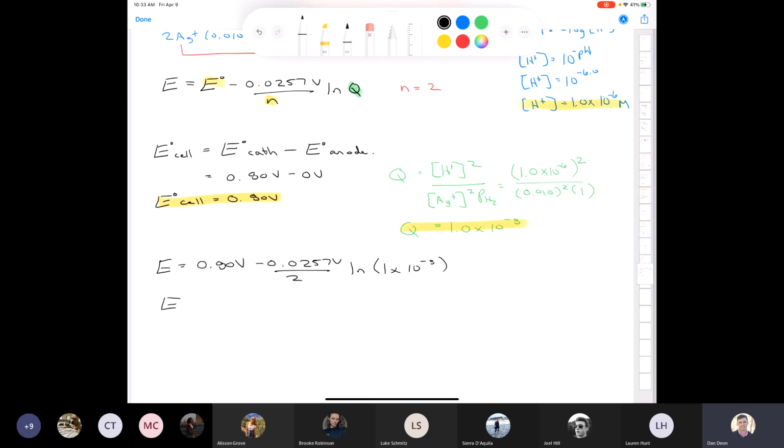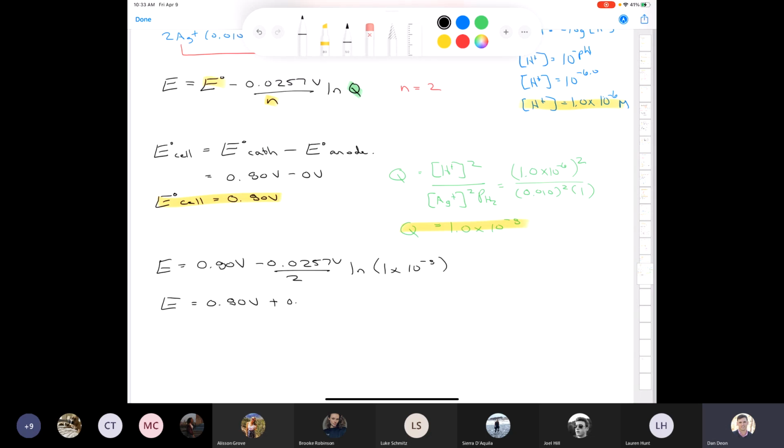When we do that, we get E is equal to 0.80 volts plus 0.236 volts. I can't even read my own writing. I think it's 237. No, it's 0.236.